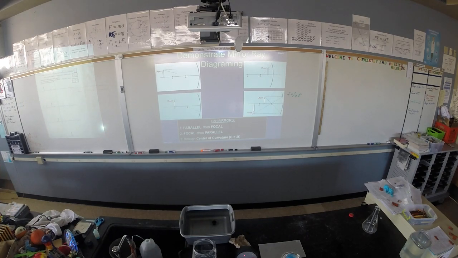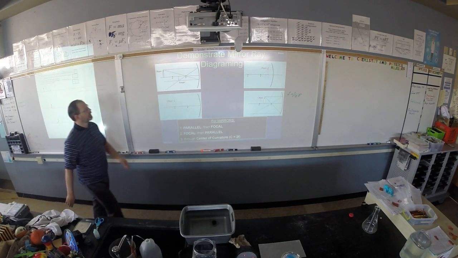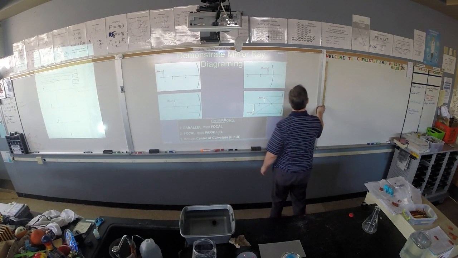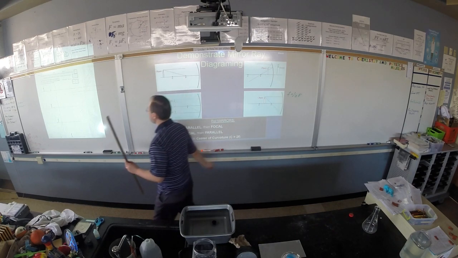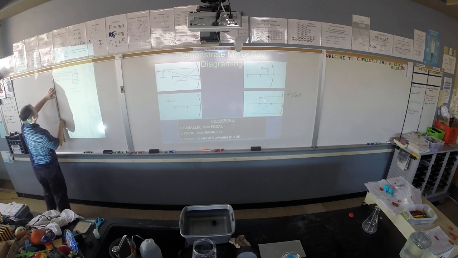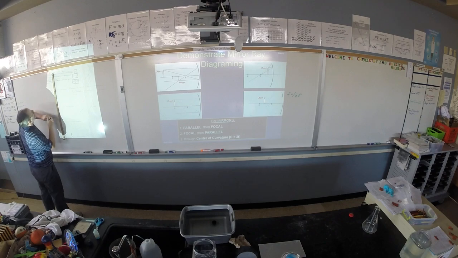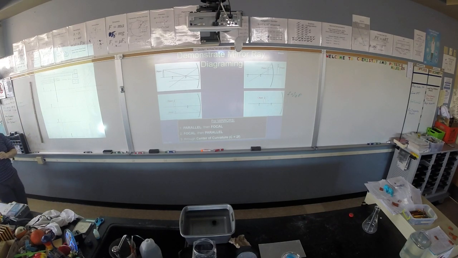I'm trying to get this thing squared away. Okay. So, we're not going to bend the rays at the actual device. We're going to create a normal on the device to make it easier to do our math. So, draw a vertical line through the device. That's going to represent your mirror. Now, it looks like a flat mirror, but it's not a flat mirror.